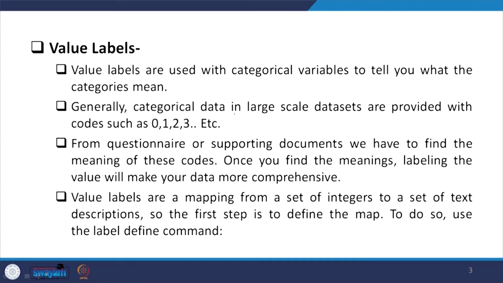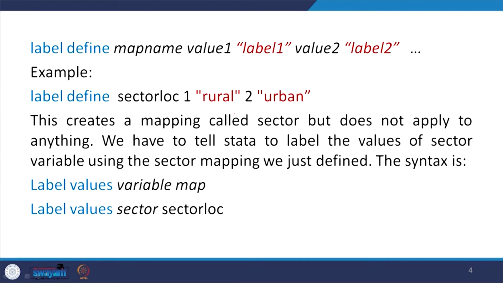Value labels are a mapping from a set of integers to a set of text descriptions. So the first step is to define the map. What do you mean by that? The labeling map. To do so, use the label define command.